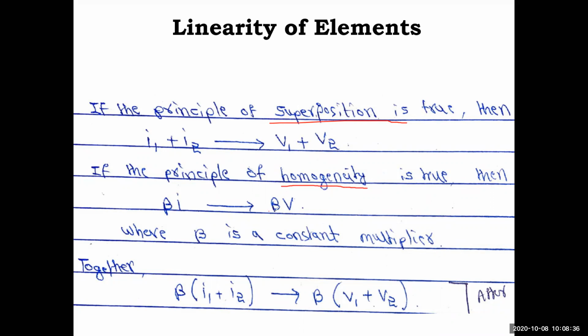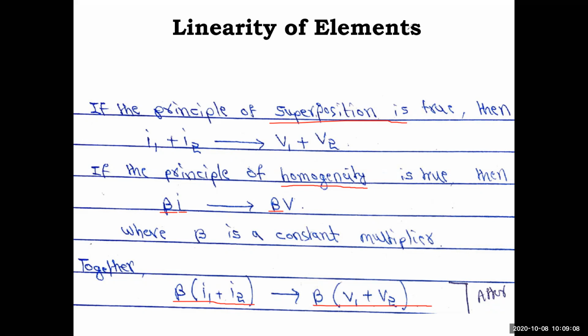Here beta is a constant multiplier applied to the excitation I, which gives the voltage with the same multiplication. Combining these two, we can write beta times (I1 plus I2) gives beta times (V1 plus V2). This is the general equation for an element to be linear.